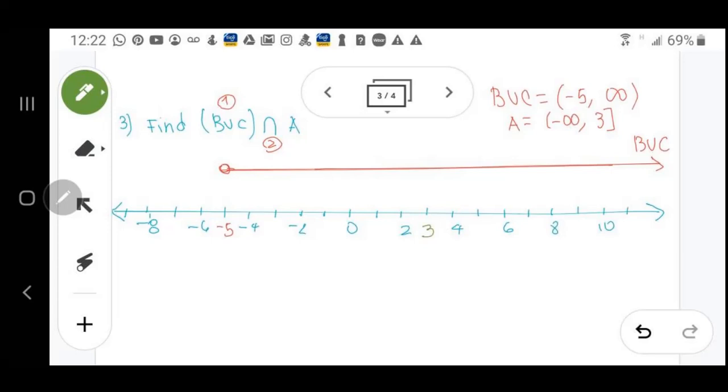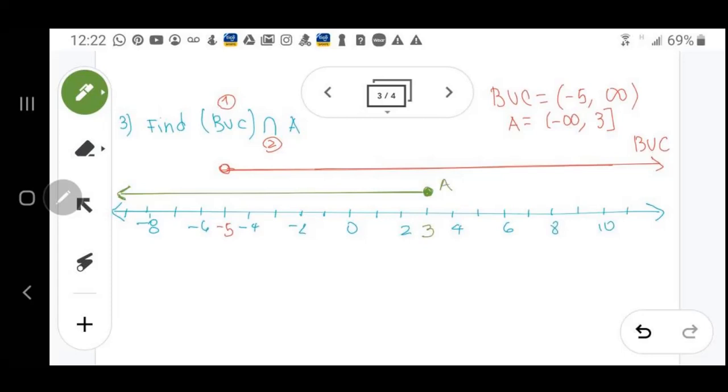This interval comes from negative infinity, so I draw a solid circle above the number line at 3, and since the graph comes from the negative side, I draw an arrow to the left, indicating that my interval comes from negative infinity to positive 3. This is the graph of the interval A.